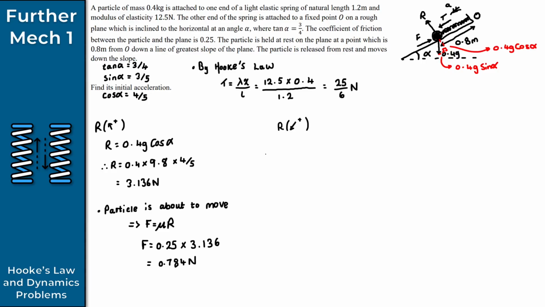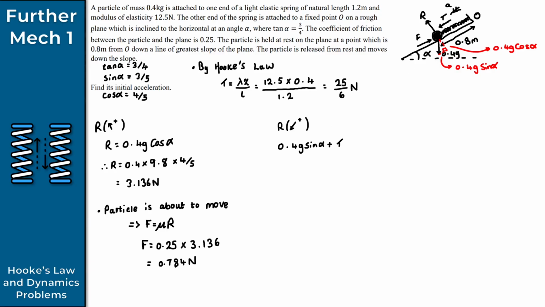So let's just put that together then. We've got 0.4 G sine alpha. So that's this component here. We also have the thrust force. The thrust force acts down the plane, parallel to the plane, of course. So plus T. Now we do need to account for acceleration here. It does accelerate down the plane, so we will need to take that into account.